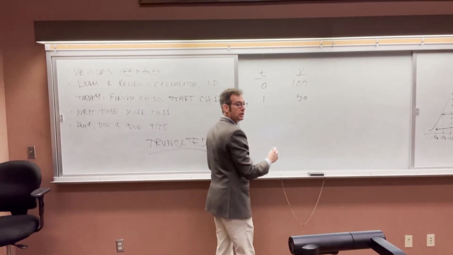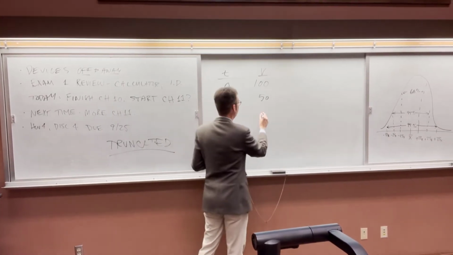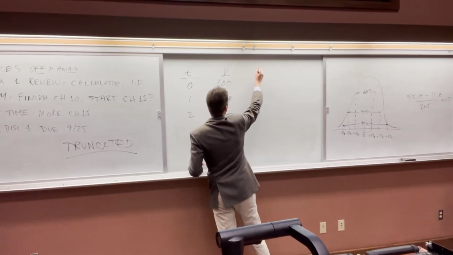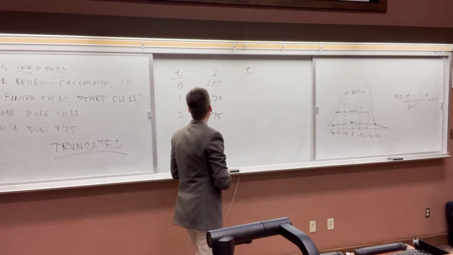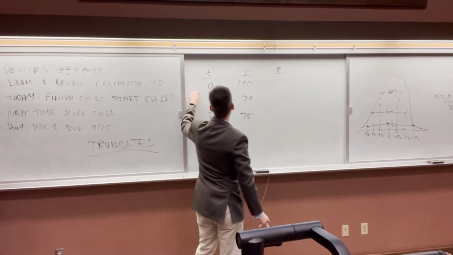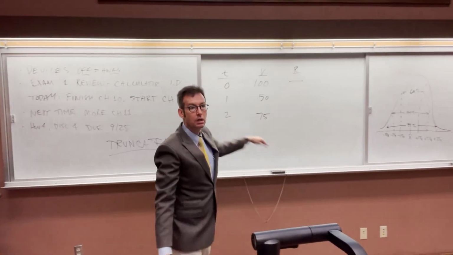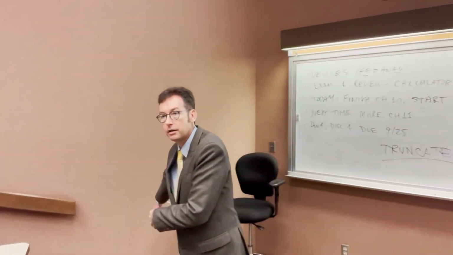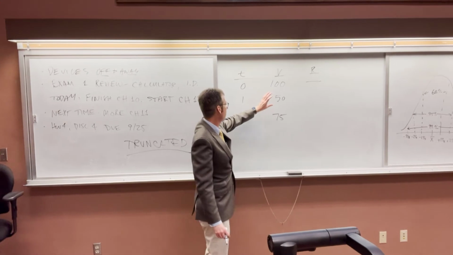At time 2, the value is 75. And so we are going to figure out the return for each one of these. So you cannot find a return for time 0. Can anyone tell me why? Yeah, you've got to have the t minus 1. You've got to have the thing that came before to be able to do this. So we can start here figuring returns.